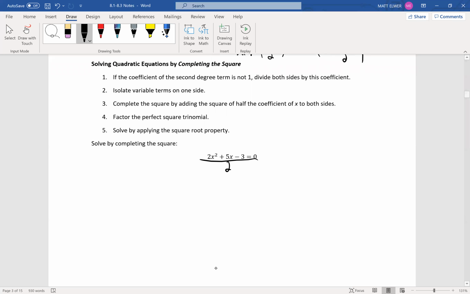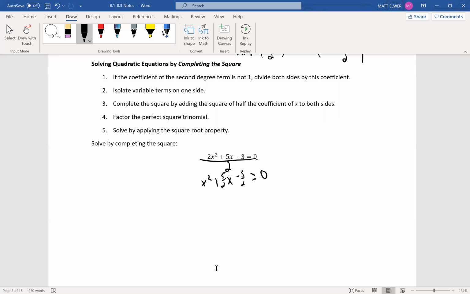If I do that, notice we just get x squared, plus 5 over 2 x, and then negative 3 divided by 2 is negative 3 over 2. And that's equal to 0 still, since 0 divided by 2 is still just 0. Okay, and then what's the next step?